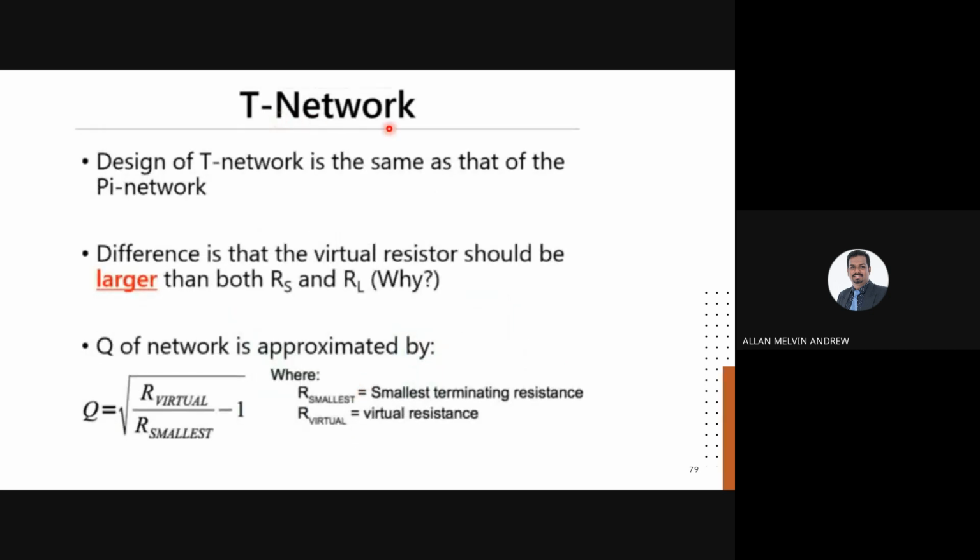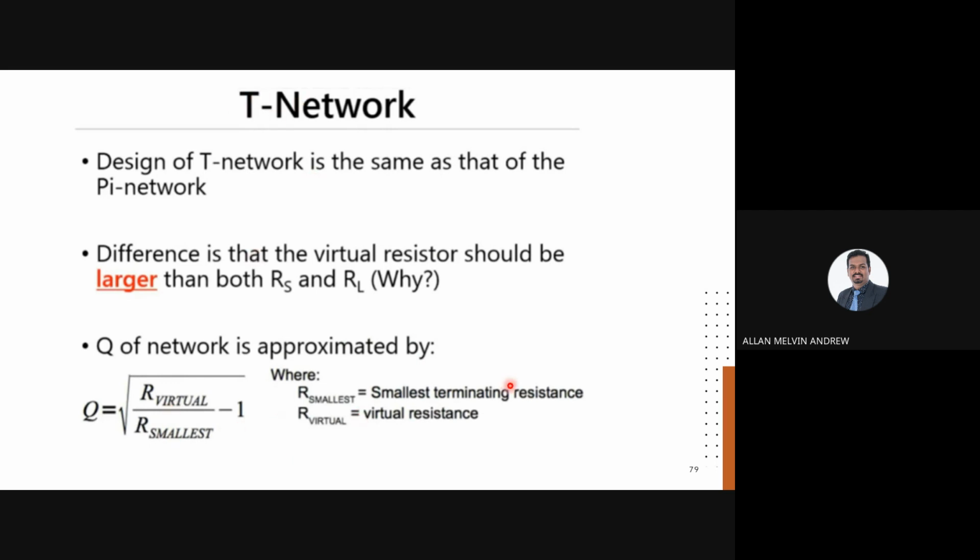Okay, so the design of the T network is the same as the pi network. The difference is that the virtual resistor should be larger than both RS and RL. I already told you why it must be larger. The quality Q of the network is approximated by the square root of R virtual divided by R smallest minus 1. There is also a terminating resistance which is involved in the T network.